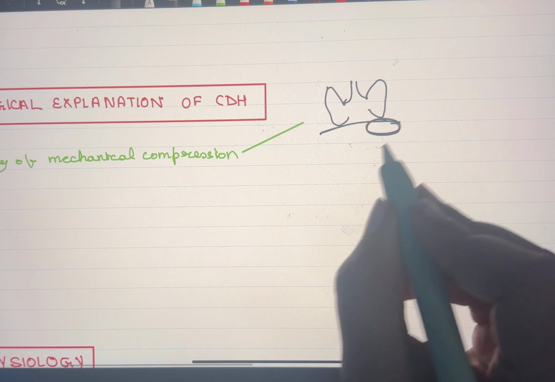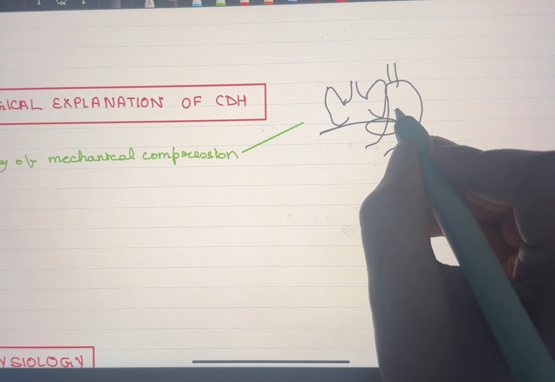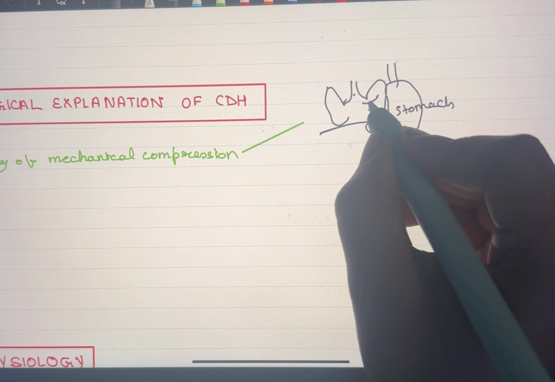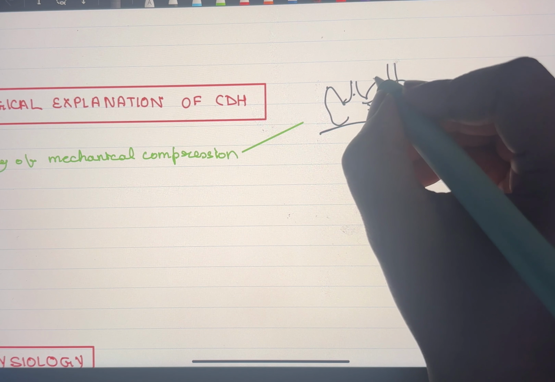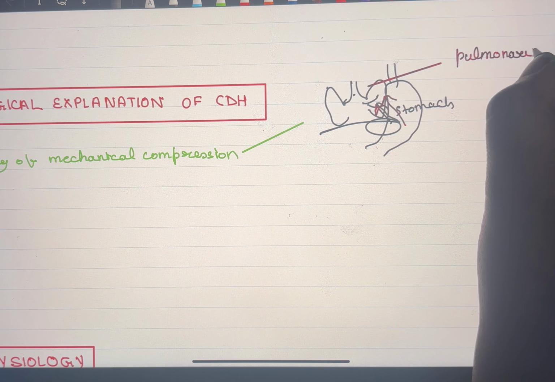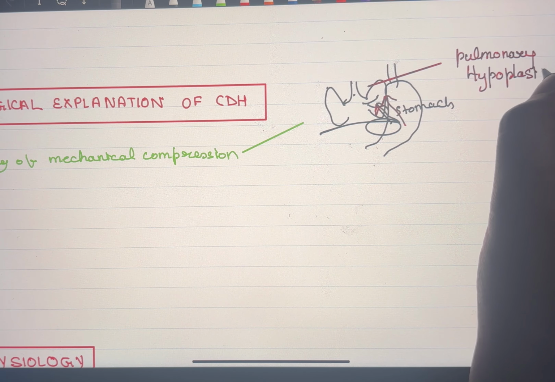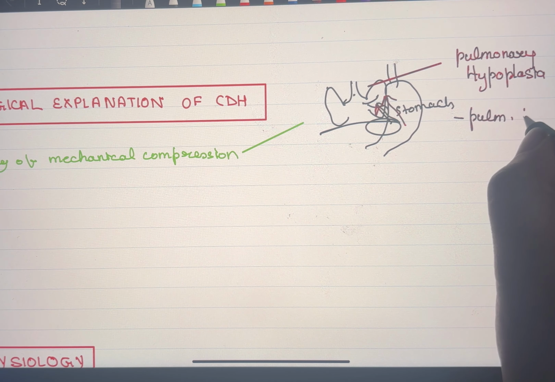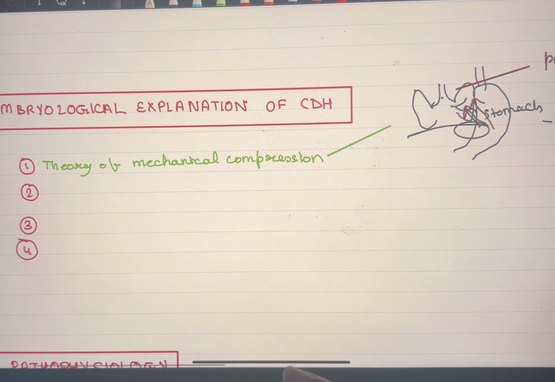Here the defect is present and the stomach goes up, and this stomach compresses the lung. Because of that, there is pulmonary hypoplasia, and because of that, there is also pulmonary hypertension. So this is the theory of mechanical compression.